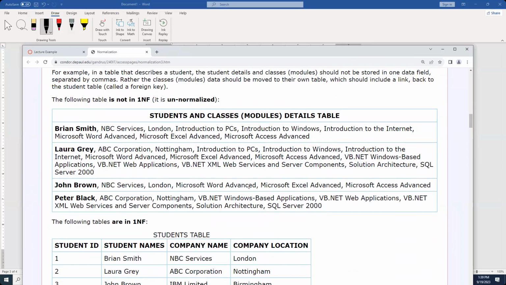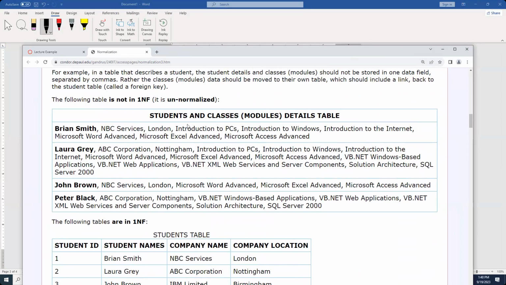And even if you got ridiculous about it and put 20 courses on there, far more than anyone ever takes, it would make for really inefficient searching to have to look in 20 different spots to determine if a student was enrolled in the Intro to Access class. And plus, you never know when a student would exceed that. So rather than trying to play guessing games on the highest number possible, you want to avoid repeated fields.